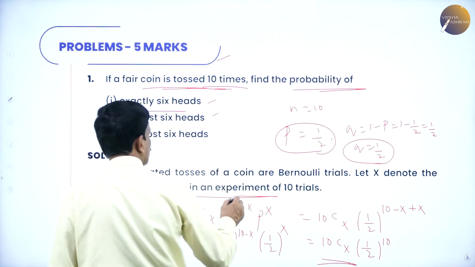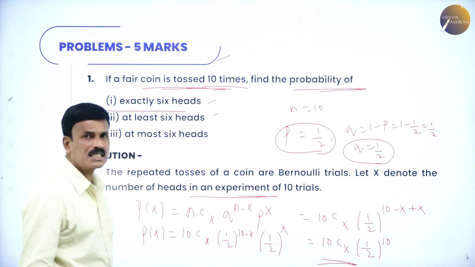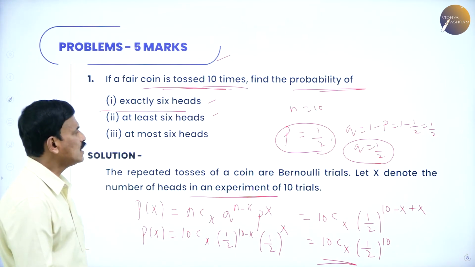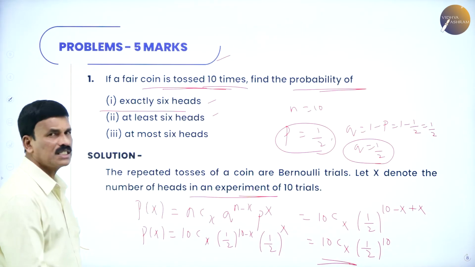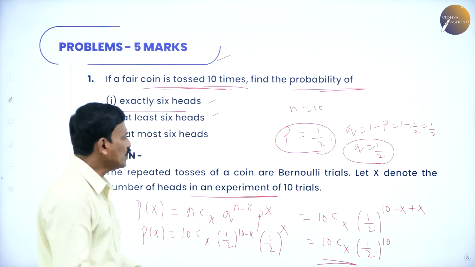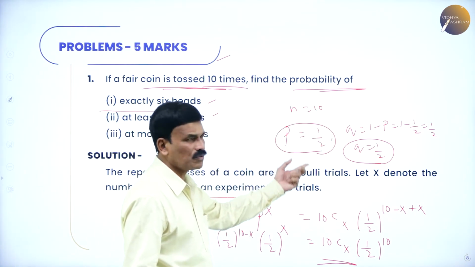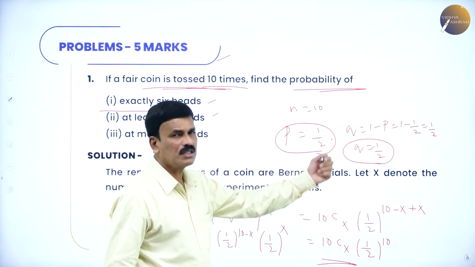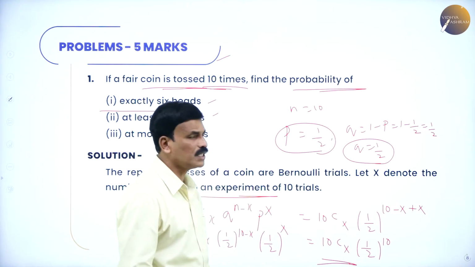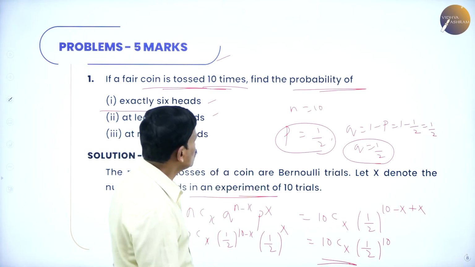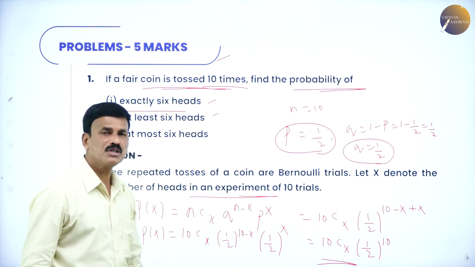The repeated toss of a coin is a Bernoulli trial. Let x denote the number of heads in the experiment. Given: the number of trials n is equal to 10, P is equal to 1 by 2 and Q is equal to 1 minus P, which is 1 by 2 itself.